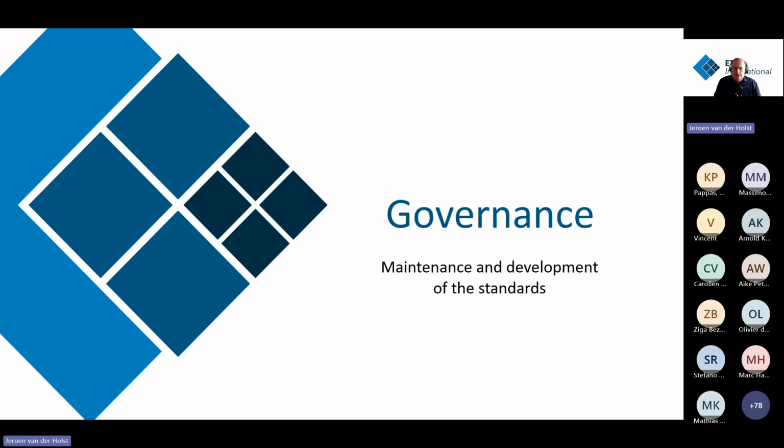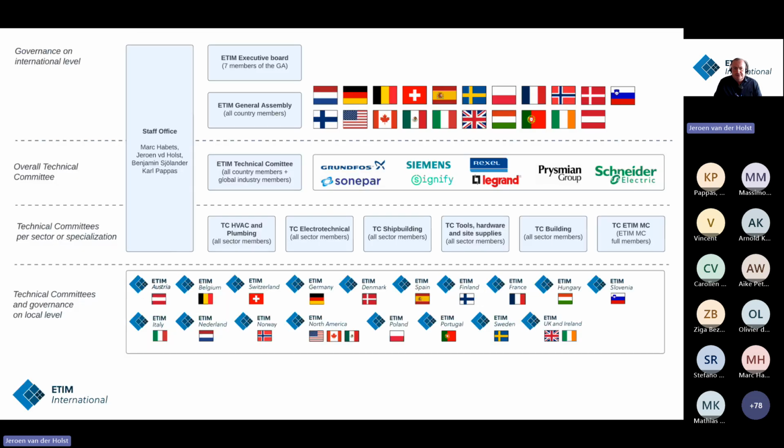So we're almost there. But I still promised to tell you how we run the standards and how our consensus model is done. Let's have a look at the whole picture here. ETIM International is a not-for-profit association.